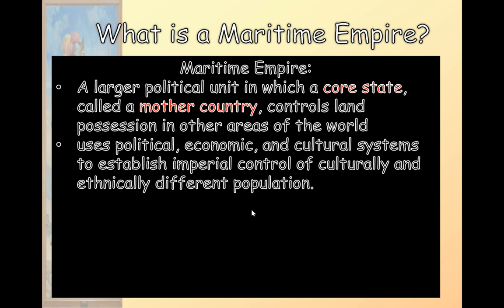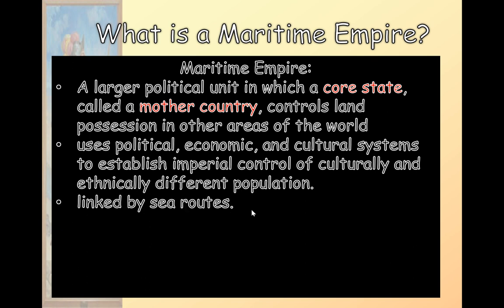So it says right there, it uses political, economic, and cultural systems to establish imperial control of culturally and ethnically different populations. That's just the extreme diversity. And again, we're referring to unify, rule, and provide.